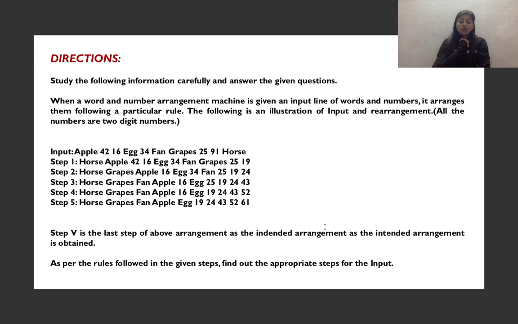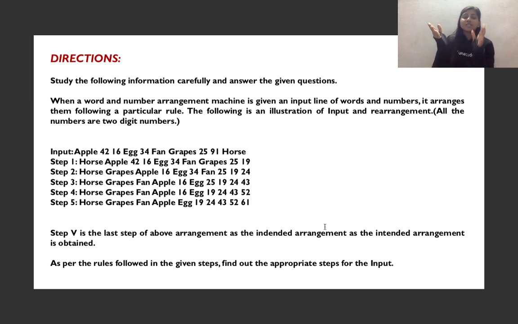Once all of this is clear, you have to check step by step. In step 1, horse is arranged from the left end and 19 is arranged from the right end. Why 19? Because 19 has to come to the center.